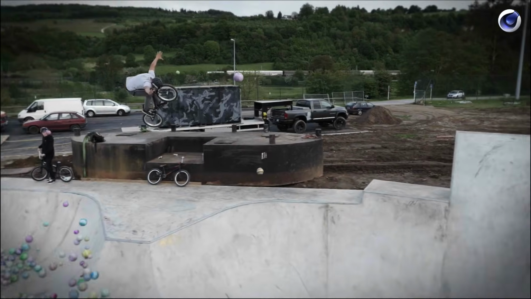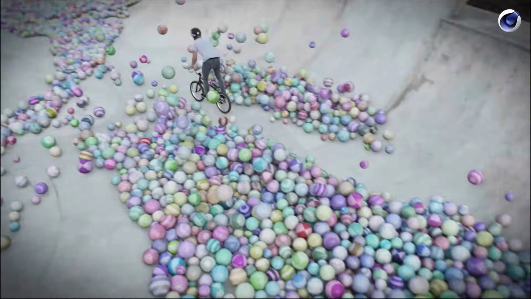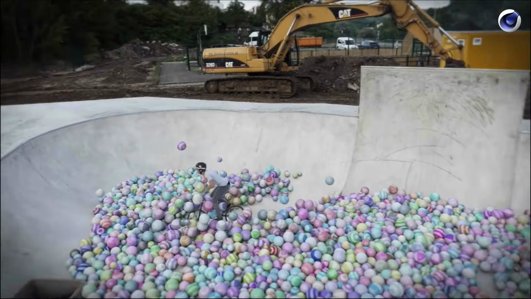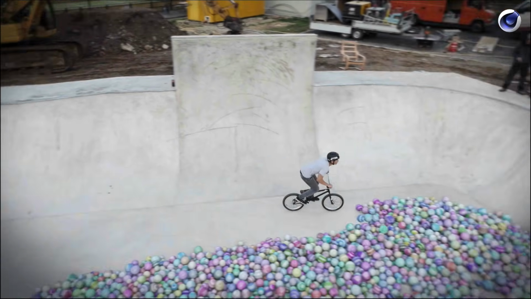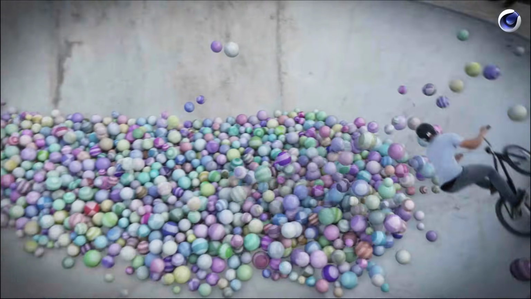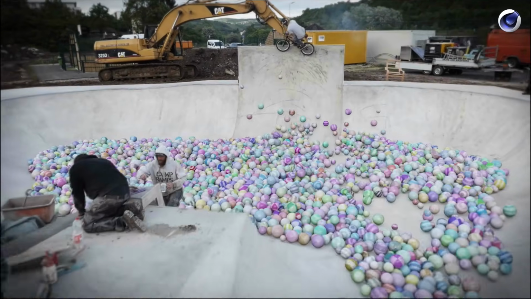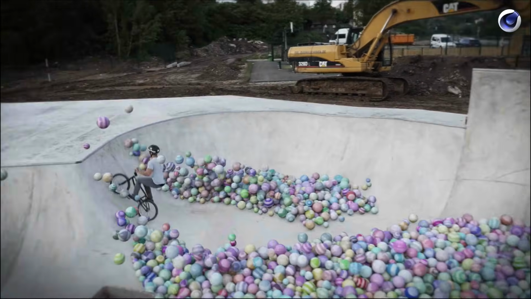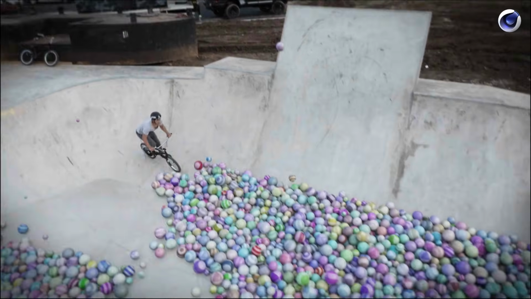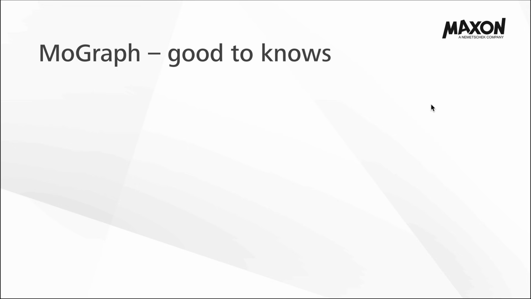Of course, all of the spheres here are a bunch of MoGraph clones with the variation shader, and also using scene reconstruction for reconstructing the whole parkour here. And yeah, that's the setup here. And here are some other things that you might want to know.